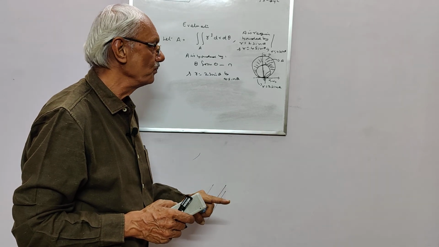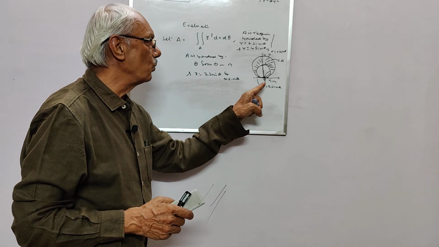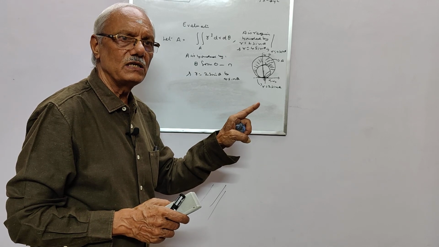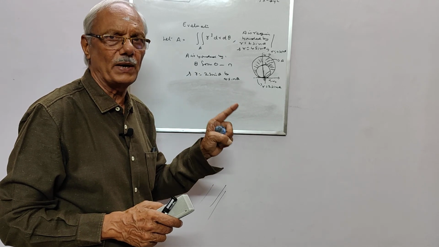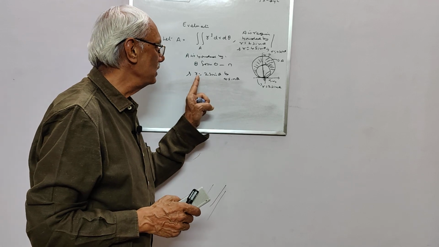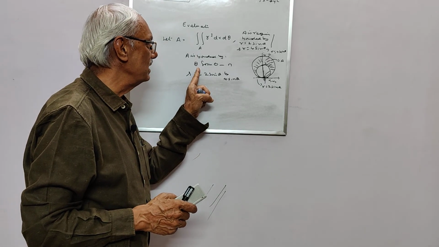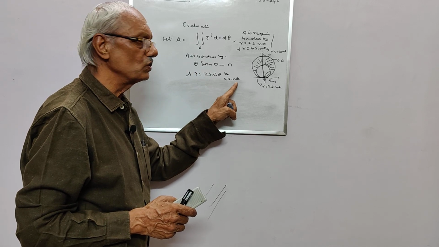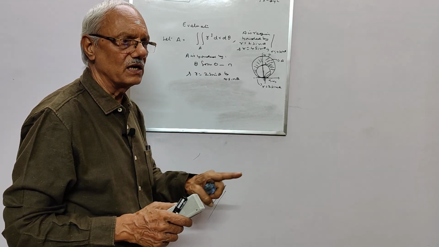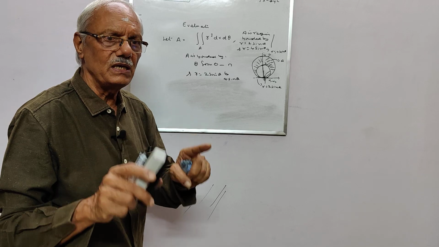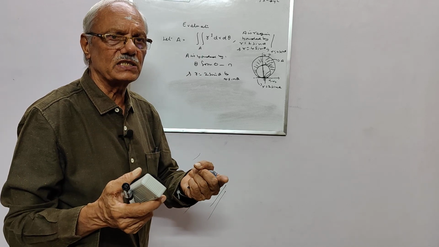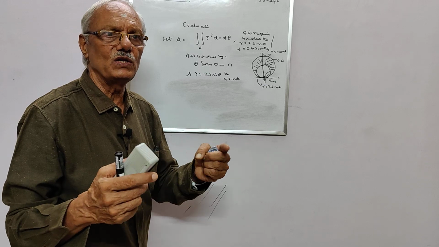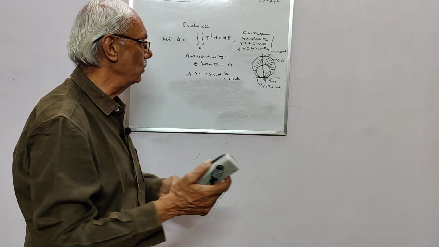So that is understood, and the full circle can be described for theta taking the value from 0 to pi. That means theta is from 0 to pi, and r is from 2 sine theta to 4 sine theta. So once the limit of the integration is fixed, then we can evaluate the integral easily, provided we know how to do the integral.